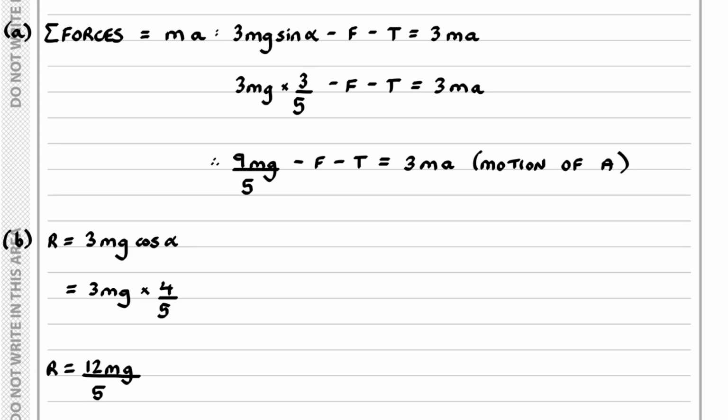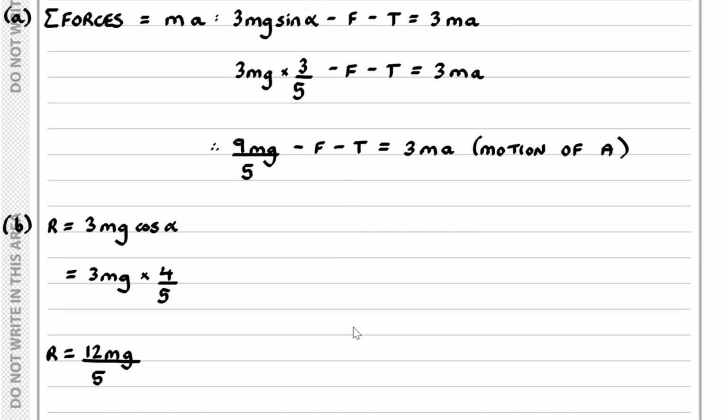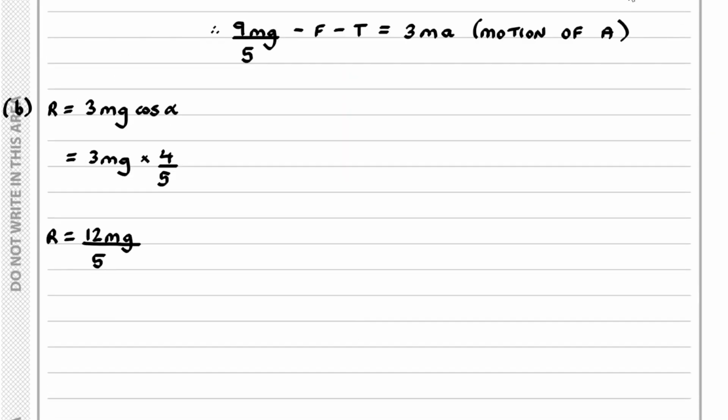And going back here, we can find out what F is. So let's just write out what R is again, matching up the colours. R is equal to 12mg over 5. F is equal to mu multiplied by R. So we have F, which is equal to 1/6. That's what mu is.